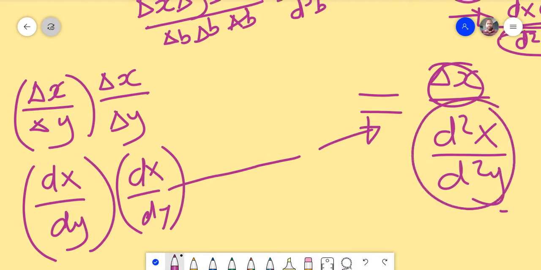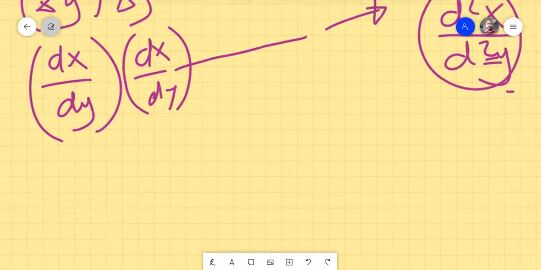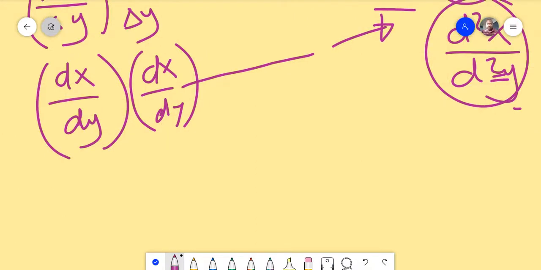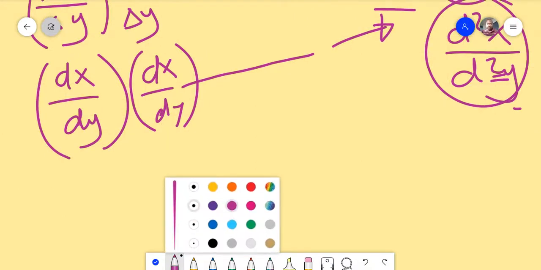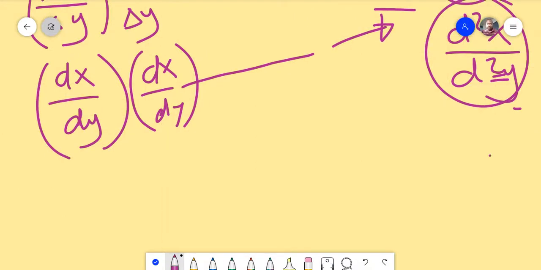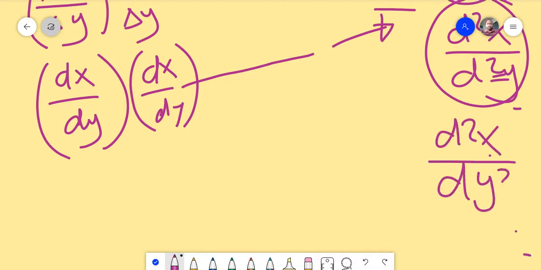But when it comes to writing, we don't. Okay, I will show you the conventions that we use. Okay, in this situation, you write it this way. Let me see. So you write it d squared x over d. I will tell you why.